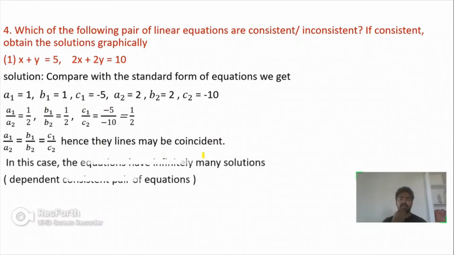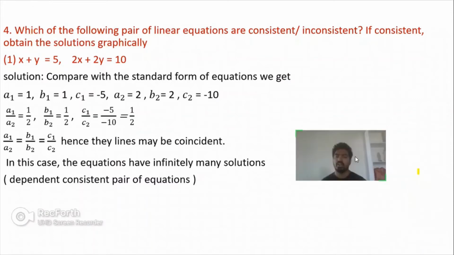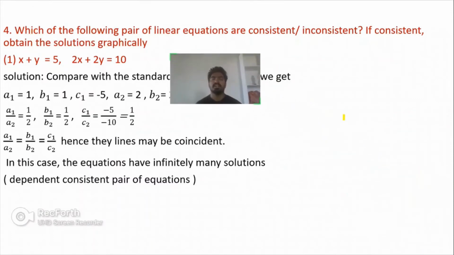Okay. So in this case, the equations have infinitely many solutions, that is a dependent consistent pair of equations. So in the question they asked, if consistent, obtain the solution graphically. So now it's time to represent the two equations graphically.